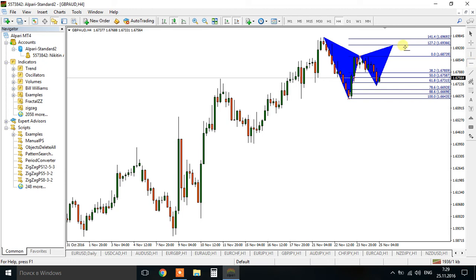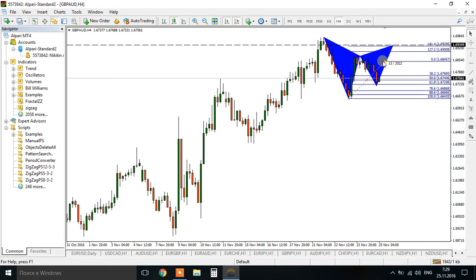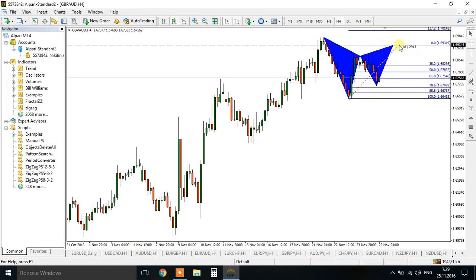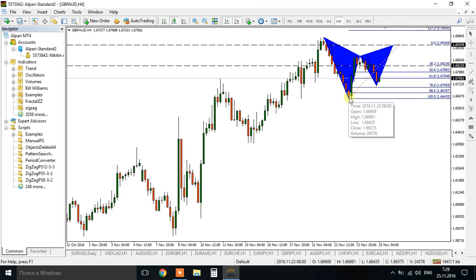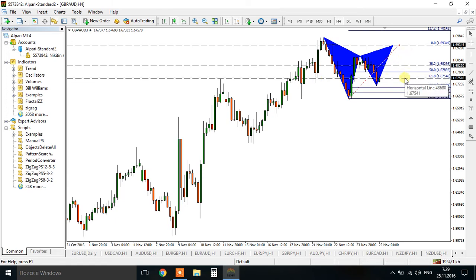127 is the completion of the pattern, and it is the place where the sell limit order is placed. So where is the target placed? The target is the 382 from the lowest low to the entry, and 618. 618 is here, 382 and 618.